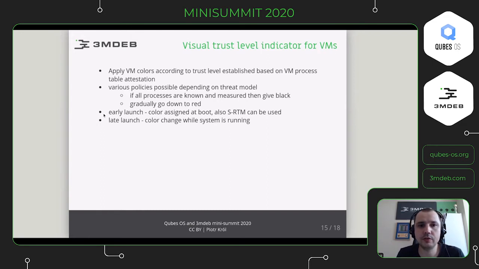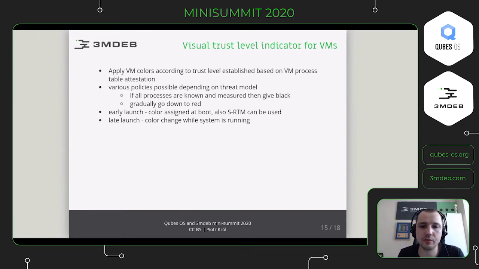So first of all, early launch can be used to assign those colors at boot time. This can also be SRTM, I believe, to some extent. And then late launch may change those colors.